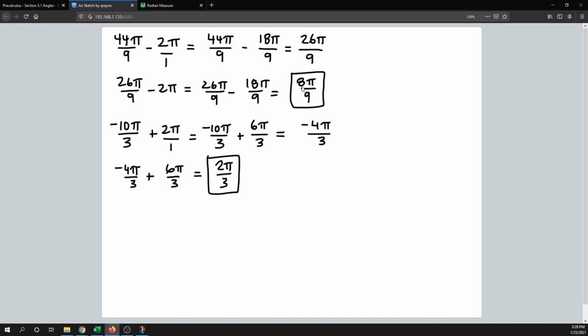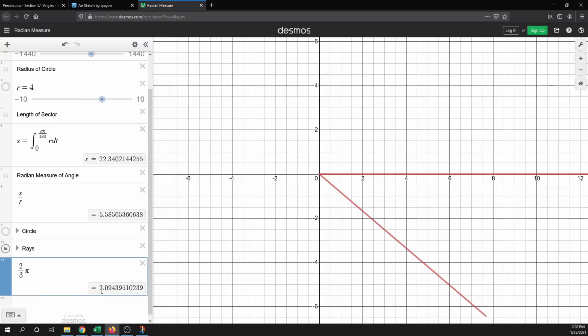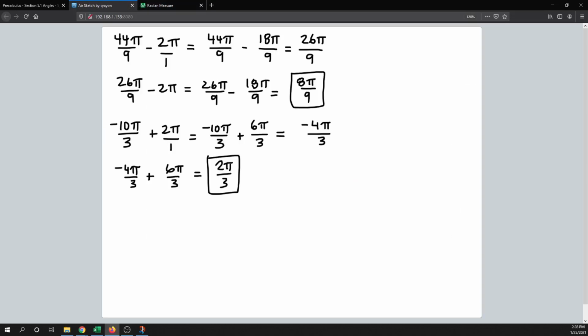So you can just make things slightly simpler by checking the fraction part and seeing if it's between 0 and 2, okay? If you actually check the full decimal, 2 pi over 3 is going to be 2.094. That's in between 0 and 2 pi, which is okay. 2 pi is 6.28. So again, I just think it's easier just to check the fraction part, okay? All right, and that is it on this one.